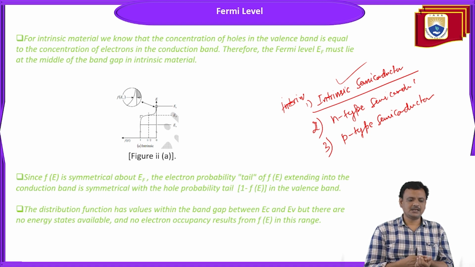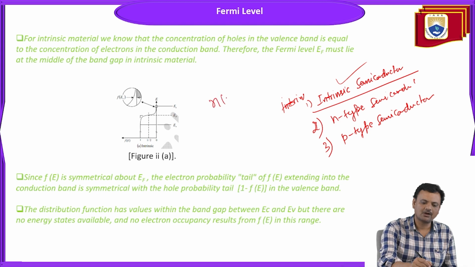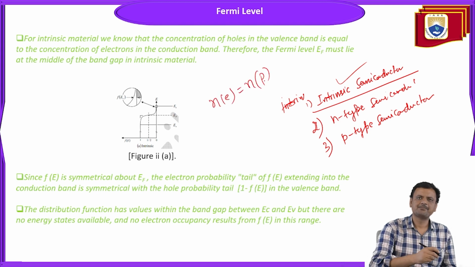So for intrinsic semiconducting material, we know that the concentration of holes in the valence band is equal to the concentration of electrons in the conduction band, meaning n_e is equal to n_p.